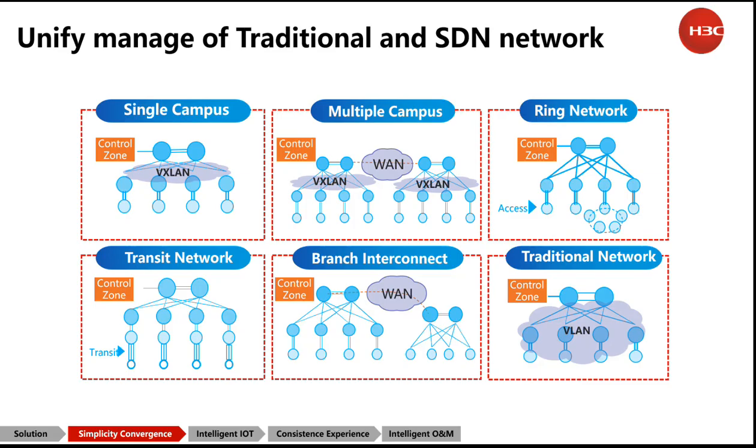So as a partner, you can think of this as it's not all or nothing. You don't have to win that entire tender. You don't have to rip and replace the entire network. We can walk the journey with the customer and slowly transition them over to software-defined networking, depending on their business use and business need.